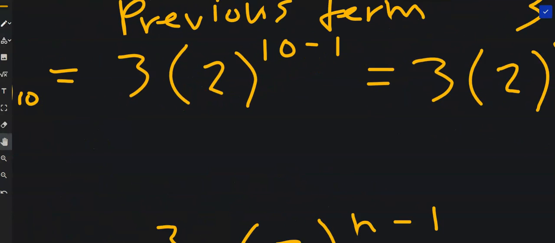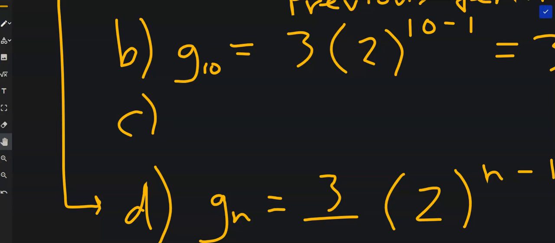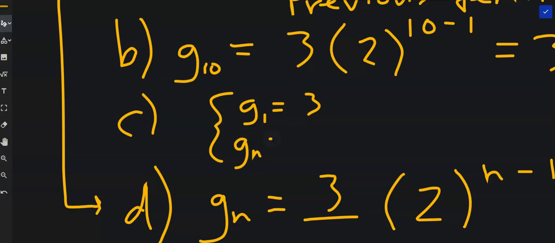Okay, so how do I do the whole recursive formula thing here? Remember that the recursive formula has two parts. One, we need to know where to start. In this case, we're starting with 3. We have the next term is equal to the ratio times the previous term.